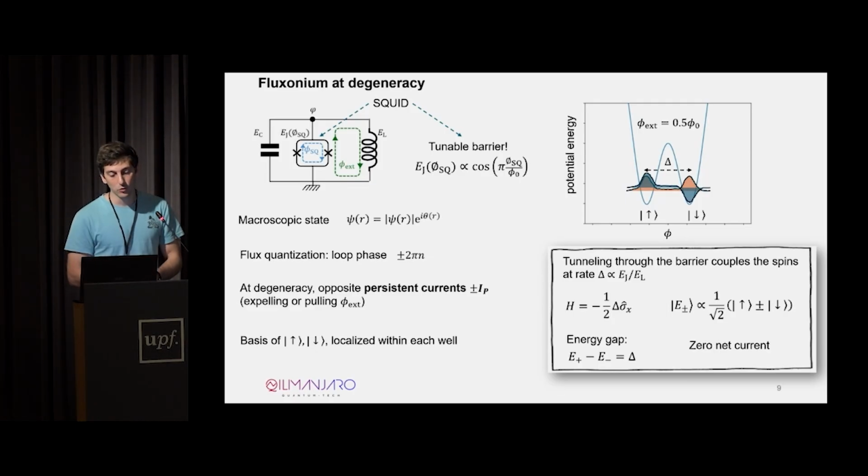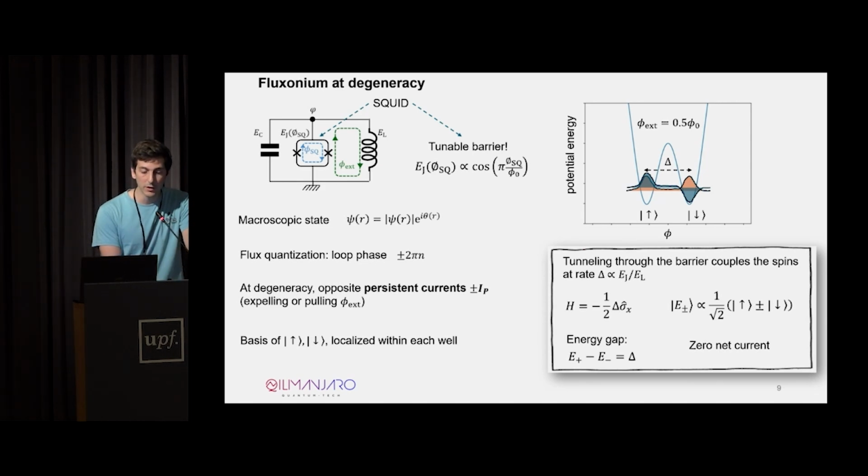And this tunability is given by this cosine term here in the phi squid variable. This is important because by tuning an additional external flux, this phi squid variable, you can tune the tunneling rate between the two wells, and so you can tune the energy gap.